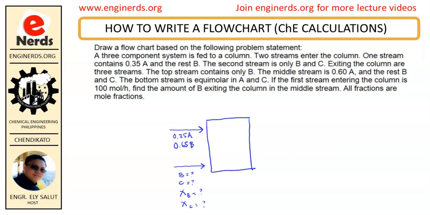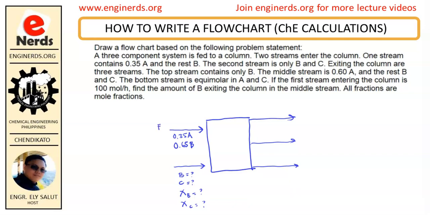And it says that exiting the column are 3 streams. Okay, so merong 3 streams exiting the column. So, isulat natin yan. So, we have our first stream, our second stream, and our third stream. Okay? Well, normally guys, the streams entering the column are called feed. So in this case, I will use the abbreviation F for the feed.